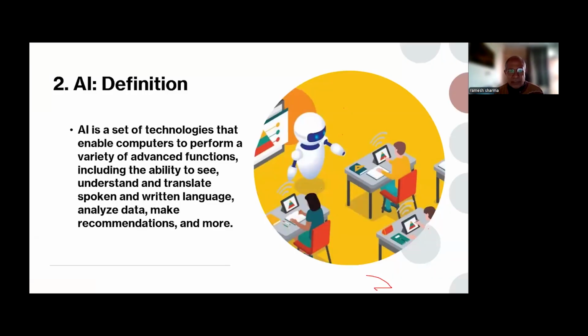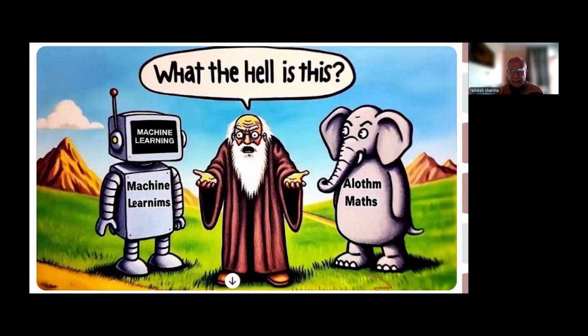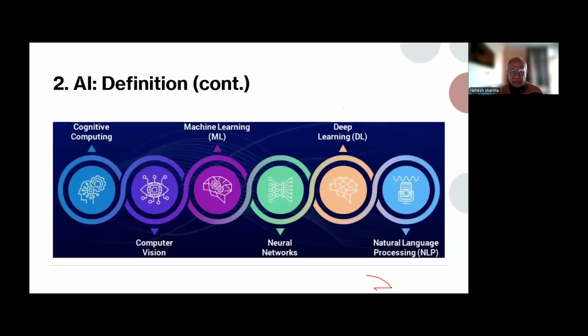So let us quickly have a look at what AI is. It is a set of technologies that allows computers to perform functions which we as human beings can do. Like we see, we speak, we write, we analyze, we make recommendations, and so many other things. So the basis behind it are the algorithms, the mathematics, and the machine learning algorithms.